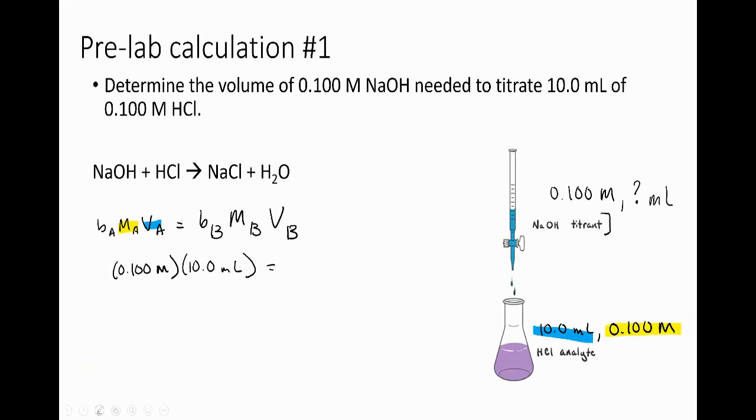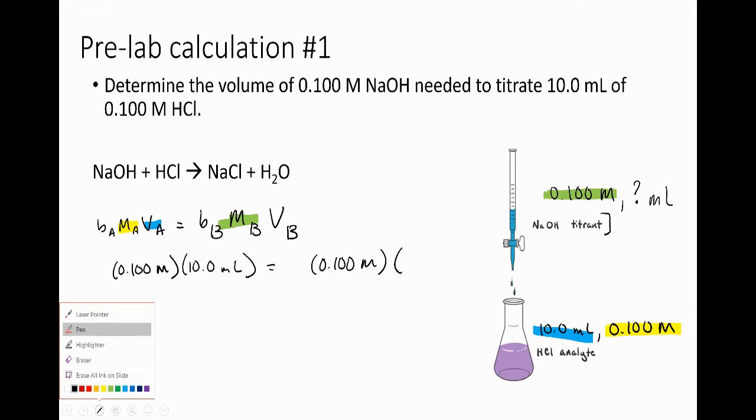Now they tell us our molarity of base is 0.100 molar. And finally, the volume of the base is what we're looking for, so that will be what we're solving for. Now, right quick, let's talk about these little B's and what they mean. The BA is the number of acidic parts within the acid.